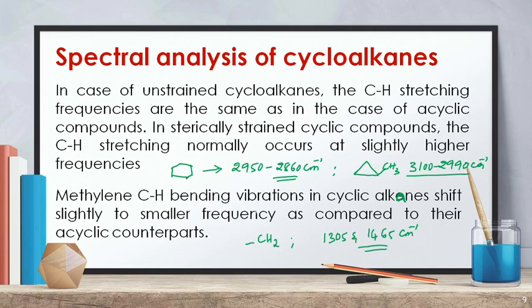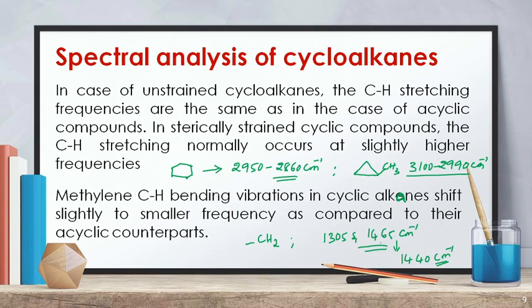For cycloalkanes, you experience a slightly smaller frequency as compared to acyclic counterparts, a slight decrease in frequency, so it may appear at around 1440 centimeter inverse. The absorption peak is found at a slightly decreased frequency compared to acyclic counterparts.